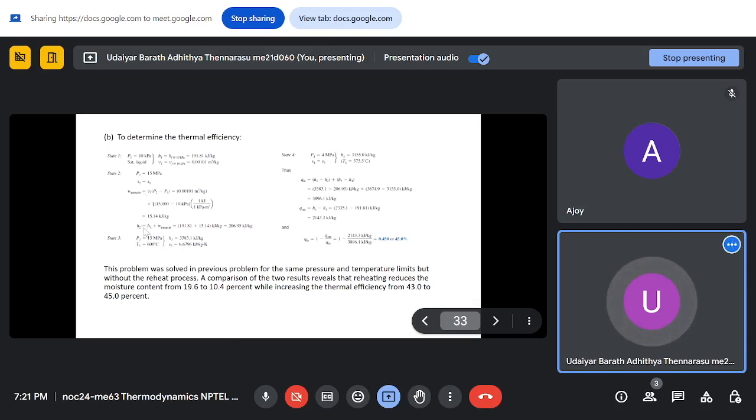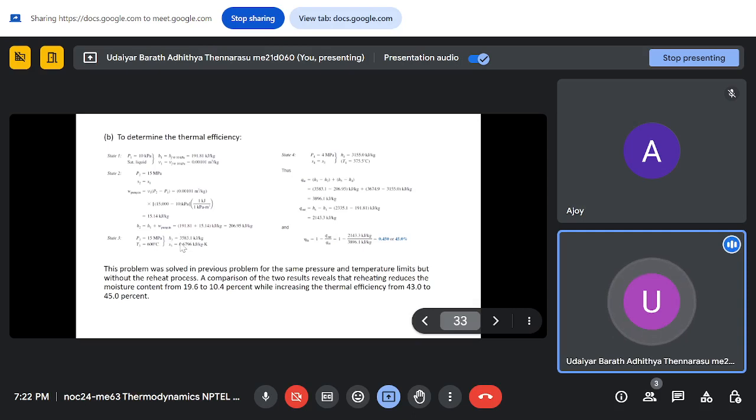So your enthalpy at state 2 is H1 plus your pump work, which is 206.95 kilojoule per kg. Again you can find state 3, which is at 15 megapascal and 600 degrees Celsius, which is given in the problem. So your enthalpy is 3583.1 and corresponding entropy is given.